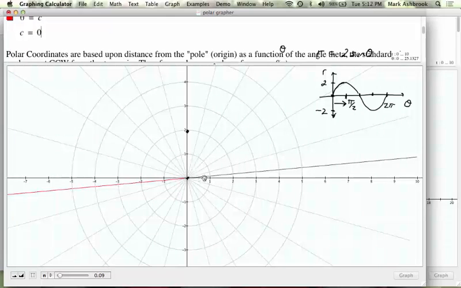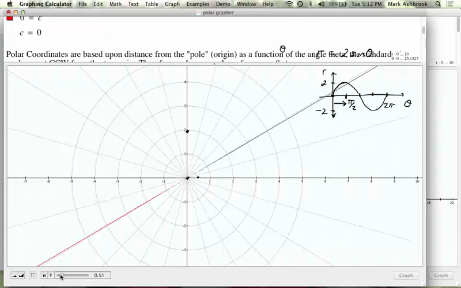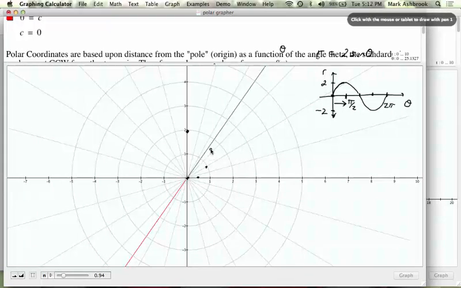So here's a small angle. We might get a point with a small r, right? Like this. If we increase the angle a little bit, we're going to get a larger r, right? So as theta increases, we're getting farther and farther away from the pole.